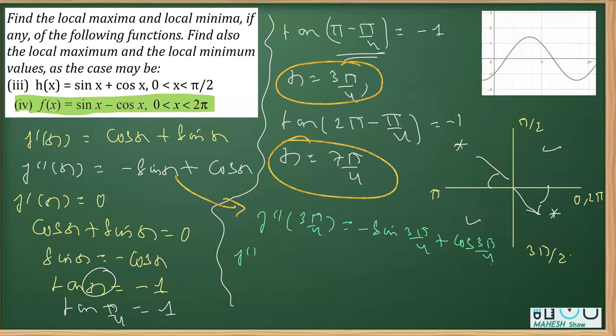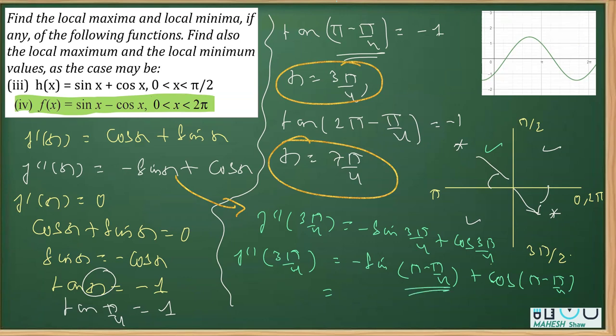So now f double dash 3 pi by 4 is minus sin. We know that 3 pi by 4 is pi minus pi by 4, and in the same way for cos. Now pi minus pi by 4 is in this quadrant, and in this quadrant sine is positive.